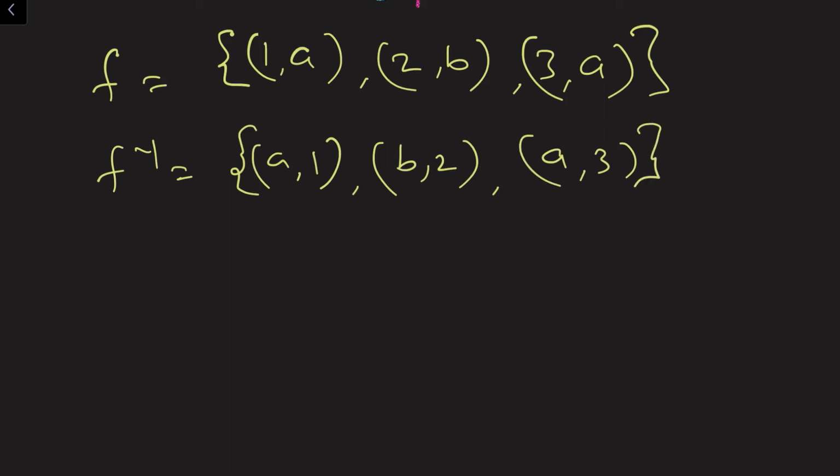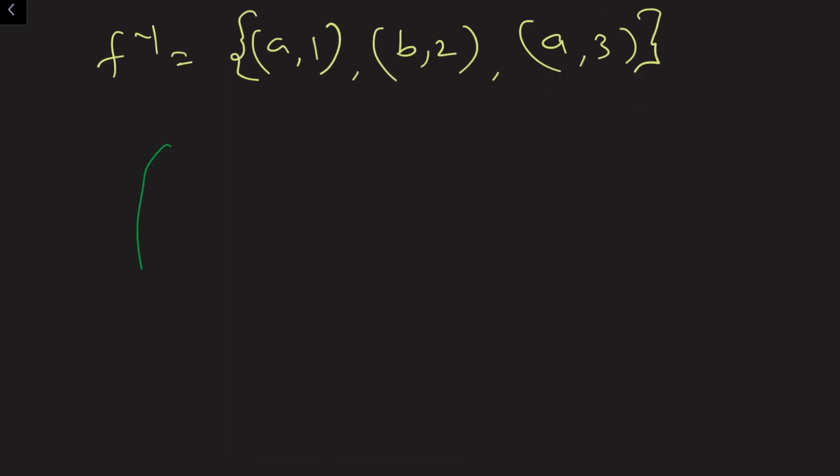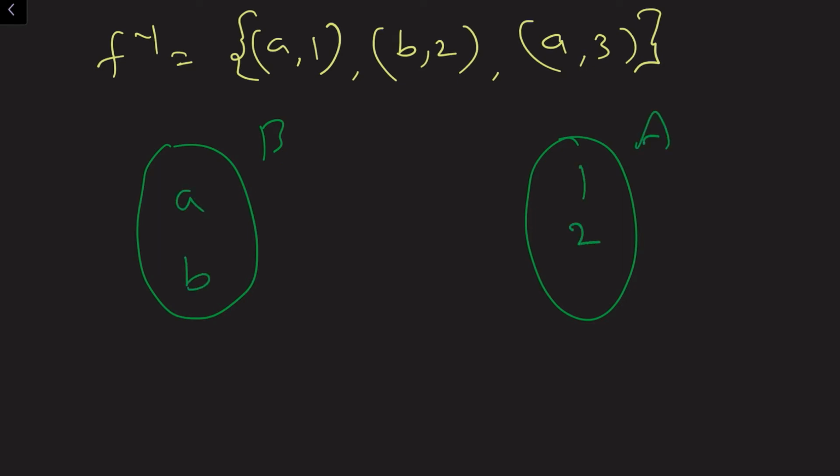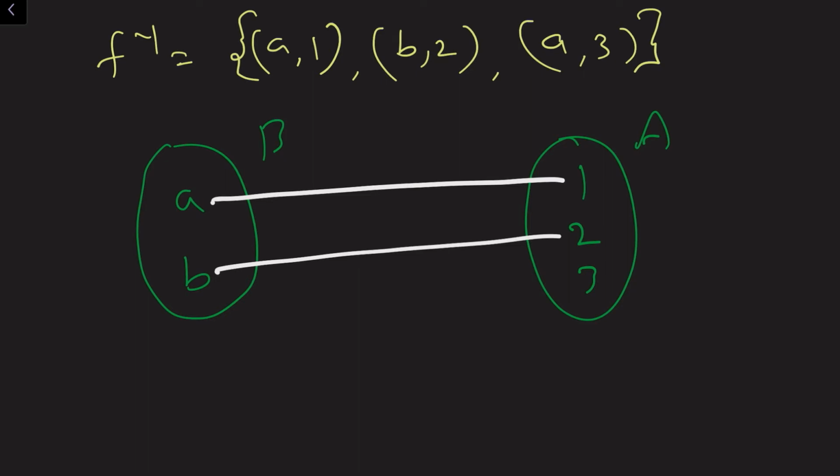Now for this I will write a set from B to A. So set B and set A. In set B we have A comma B and in set A we have 1 comma 2 comma 3, with pairs A comma 1, B comma 2, A comma 3.